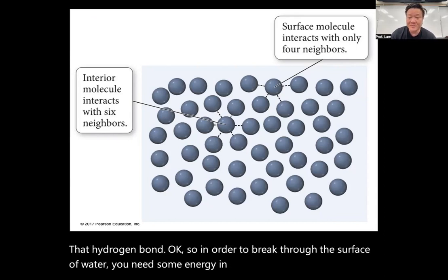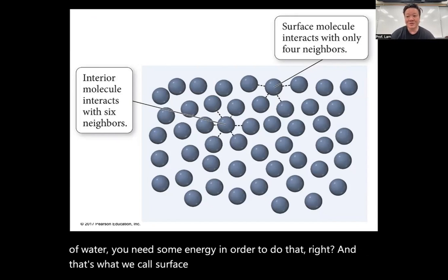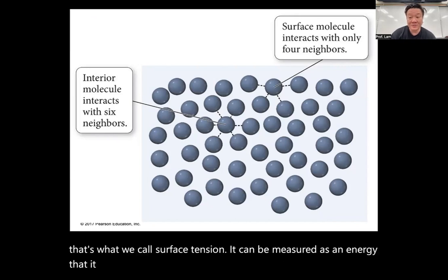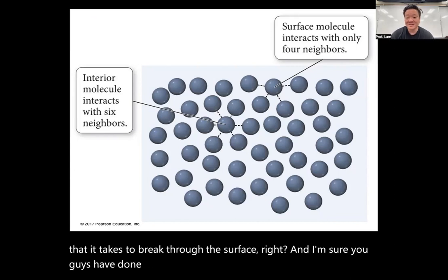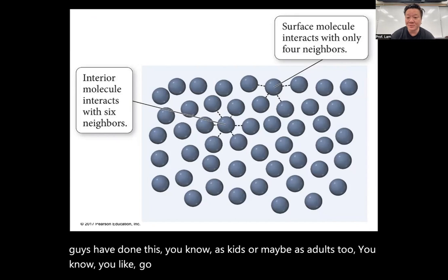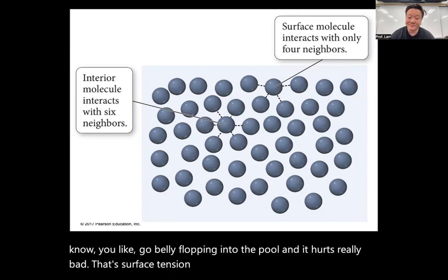That's what we call surface tension. It can be measured as the energy it takes to break through the surface. I'm sure you've done this as kids, or maybe as adults too. You go belly flopping into the pool and it hurts really bad. That's surface tension.